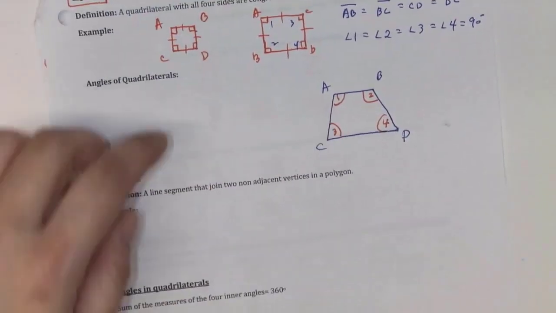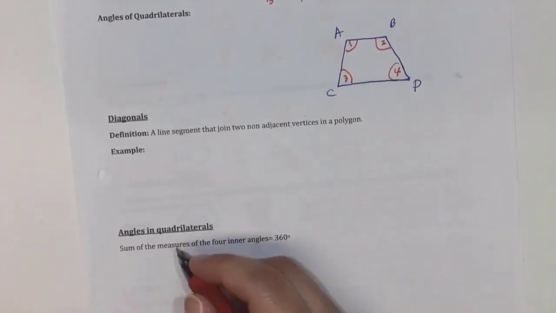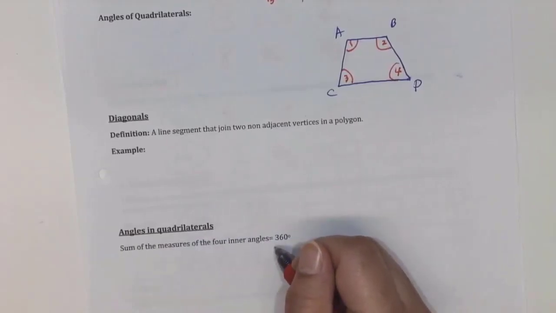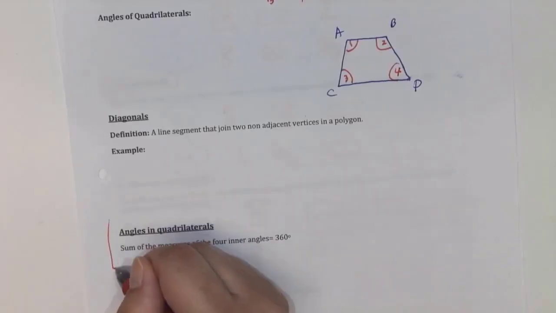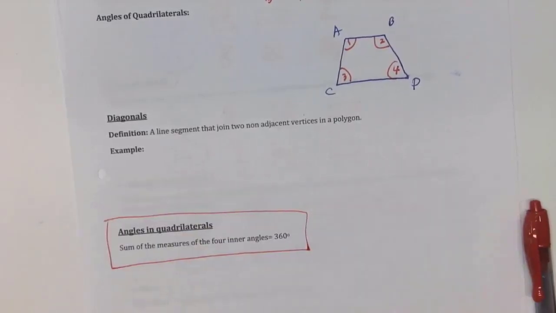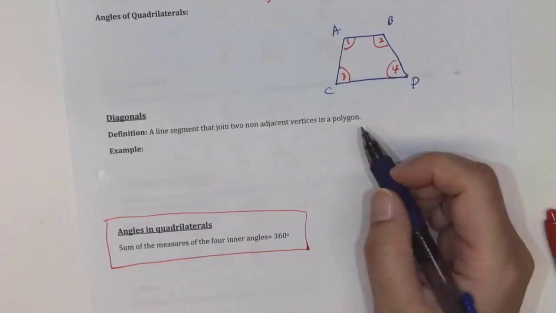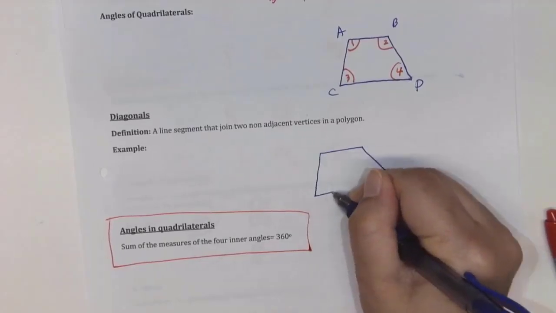For a quadrilateral, we're going to say the sum of the four inner angles is going to be 360 degrees, and we are going to use a random quadrilateral. Any quadrilateral will work.